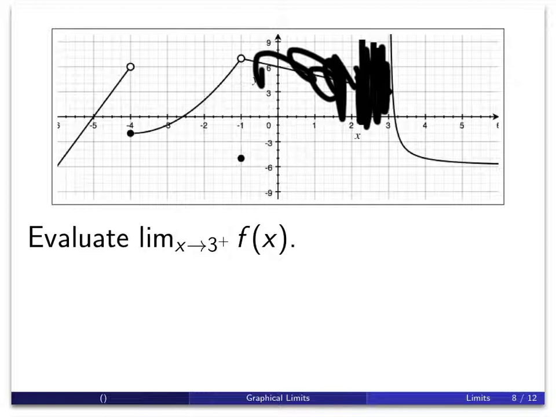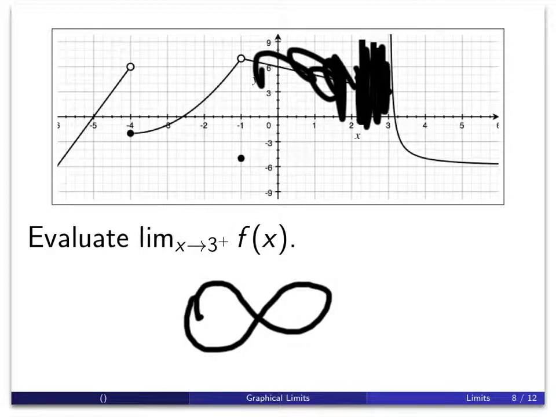Okay? And in this circumstance, I'd be inclined to say that the y values get as large as we want, and when that happens, we say it approaches infinity. Some books even say we approach positive infinity. Now, when I say the y values get as large as we want, that's exactly what I mean. If I want to get to 1,000,000, there must be some number just to the right of 3 where, when I put that number into the function, I will exceed 1,000,000.